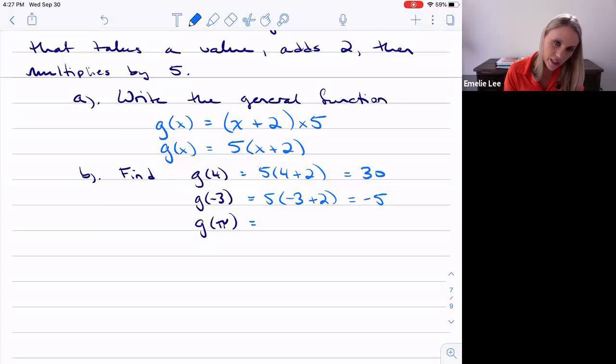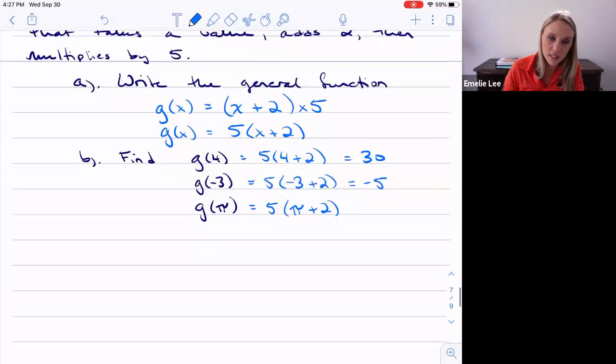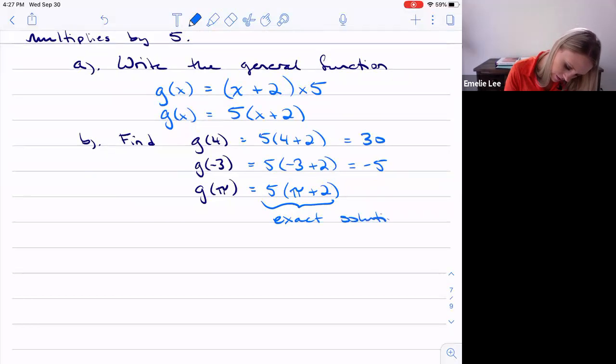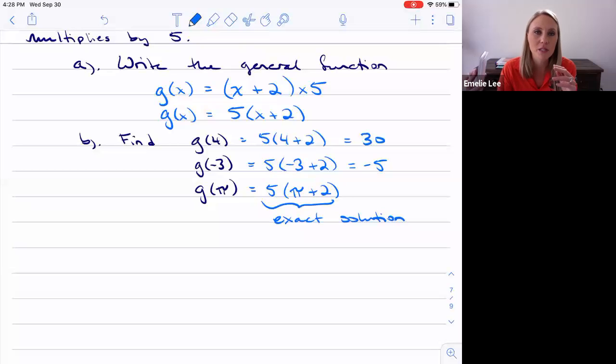And then G of pi is 5 times pi plus 2. And this is the exact solution, right? Usually we don't use the approximation of pi that your calculator gives you.